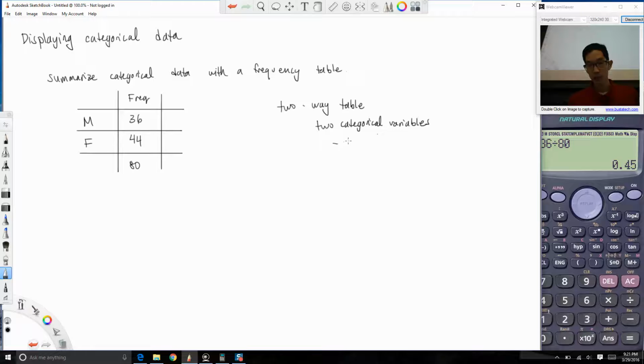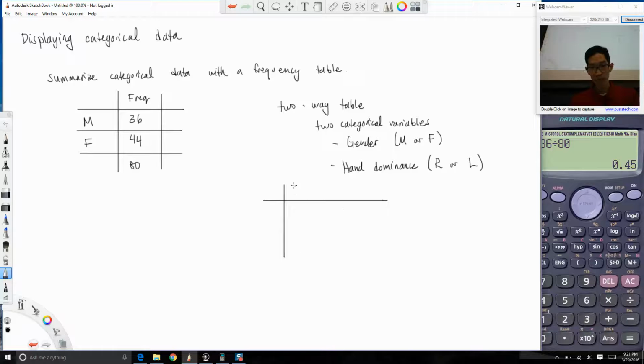Here we will say gender, so male or female. And then we will say hand dominance, so are you right-handed or left-handed?